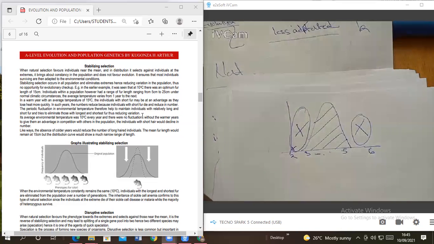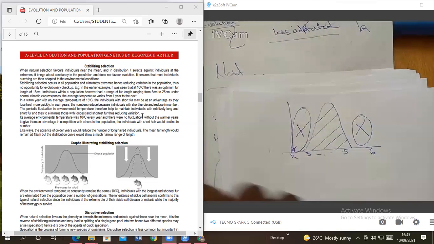Favors only intermediates. But this will only act when the environmental conditions remain constant and uniform for a long period of time. When it remains uniform for a long period of time without changing, it is only the intermediates who are going to be favored. The extremes will be selected against.